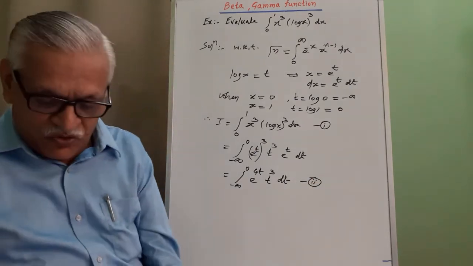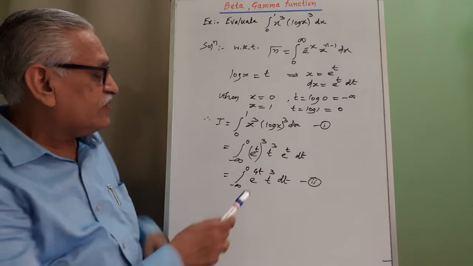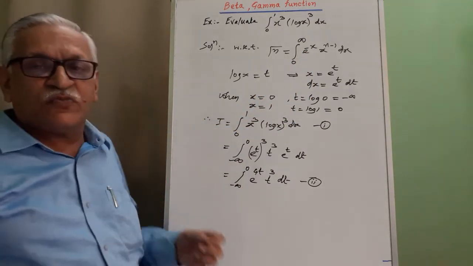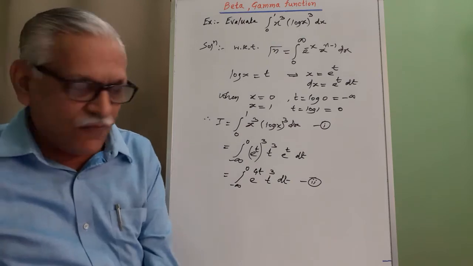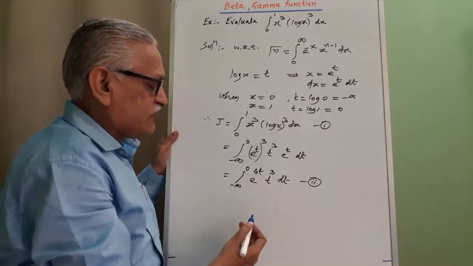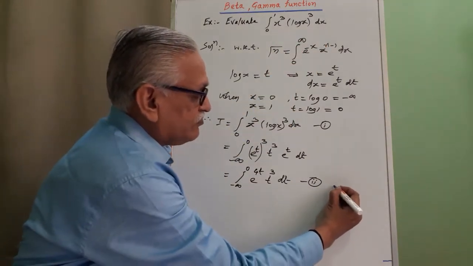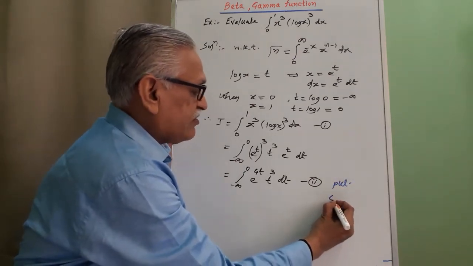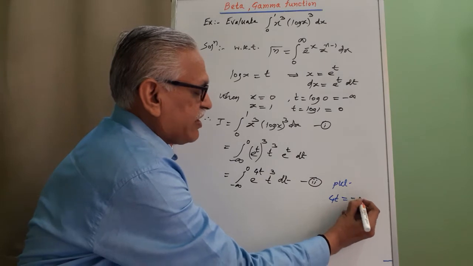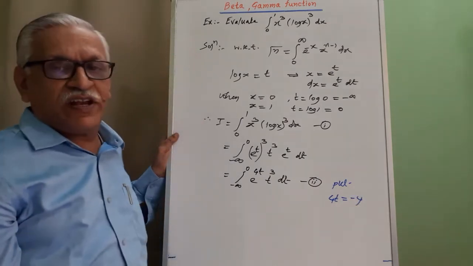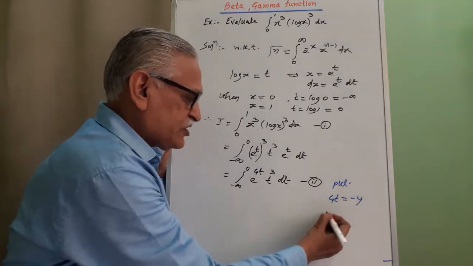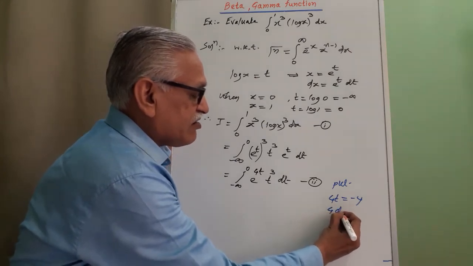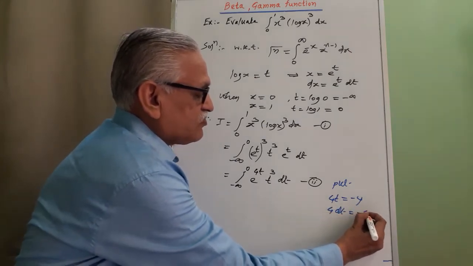In this equation 2, we need a term of e raised to minus x. Here we have e raised to 4t. To obtain that e raised to minus x term, we put 4t as minus y, a new variable. Differentiating with respect to t, we get 4 dt is equal to minus dy.